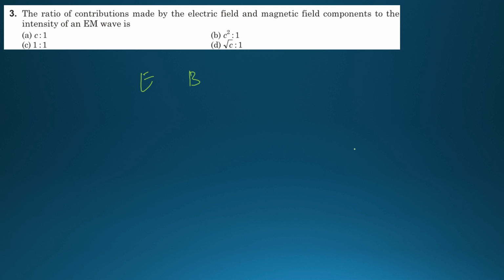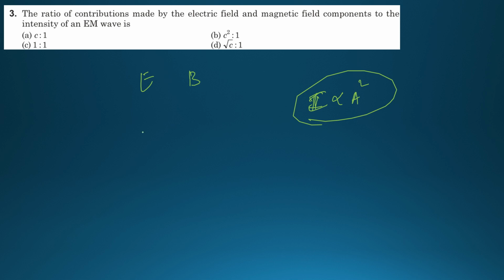Please try. What is the intensity amplitude relation? Think through that. Intensity is proportional to amplitude square.